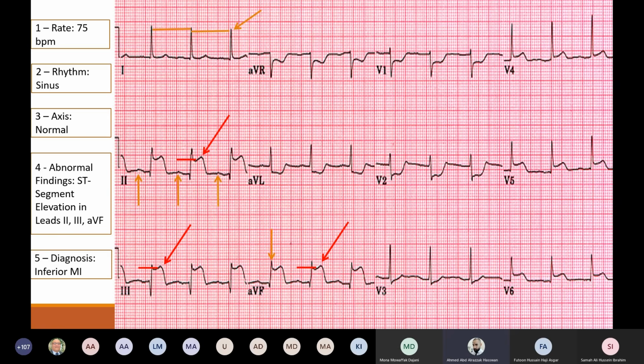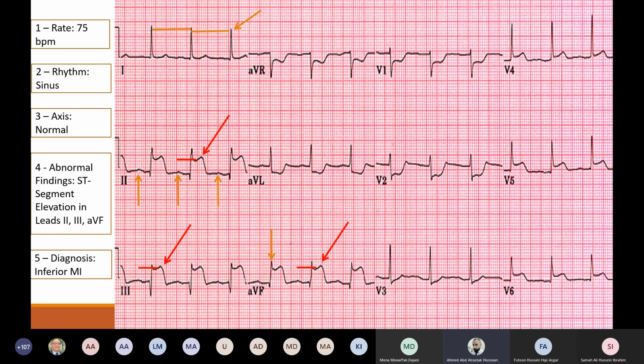Now, if you look at the other side, I didn't mention it, but there is ST segment depression in leads V1, V2, V3. Please don't get confused, because ST depression is a sign of ischemia, not a sign of infarction. This is what happens when we have an MI.